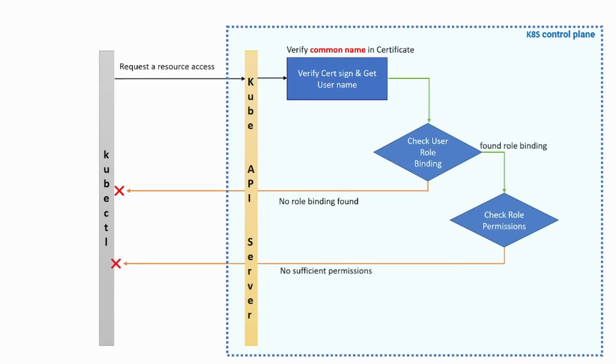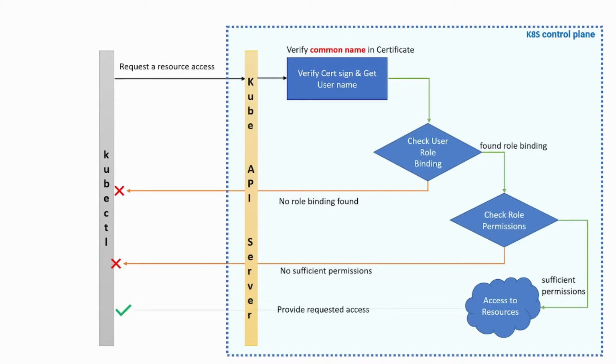If this particular role is not available for this user, it will again throw an error to the client application. If the permission is available with the role, it will give access to the user and give the result back to kubectl. So that is the basic working of RBAC in Kubernetes.